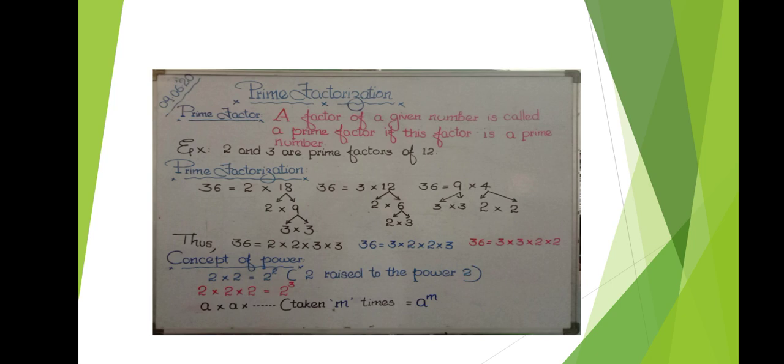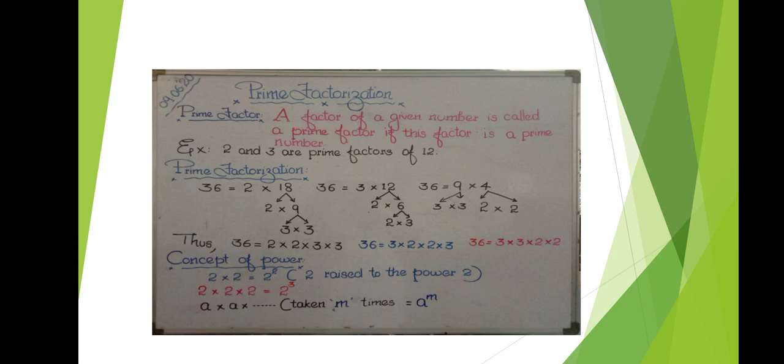Thus, we notice here that in each of the prime factorizations, the factors may be arranged differently. What are the prime factors here? 36 is equal to 2 into 2 into 3 into 3 in the first case. In the second case, we have 36 equal to 3 into 2 into 2 into 3.